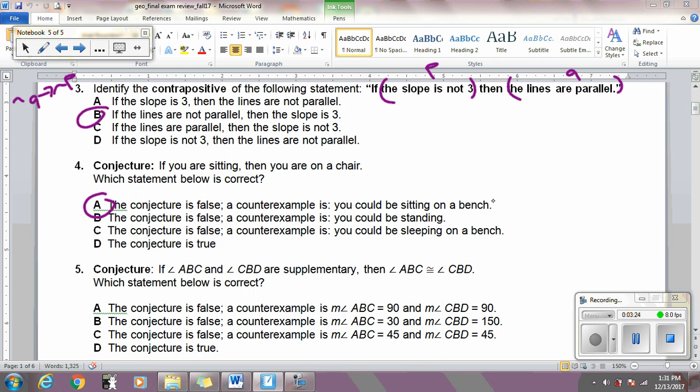5. If angle ABC and angle CBD are supplementary, then angle ABC is congruent to angle CBD. First of all, if you remember, supplementary means two angles that add and equal 180.